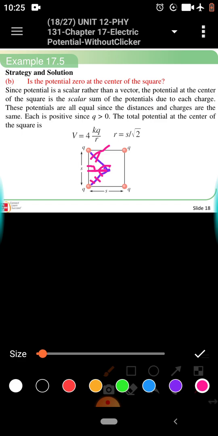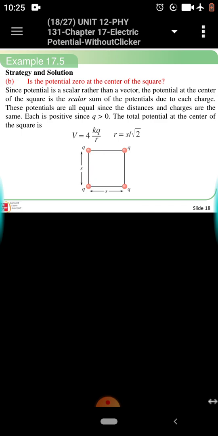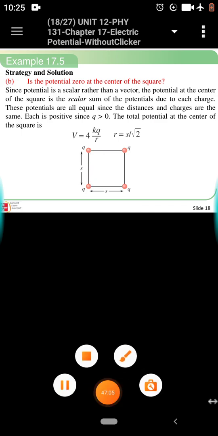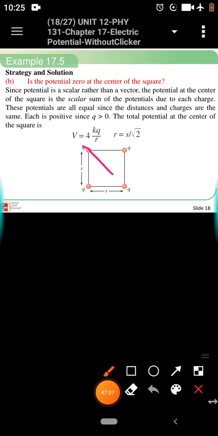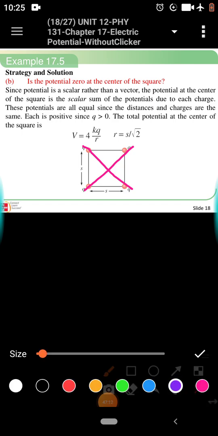Let me explain it this way. If I draw a line here and a line here, you know that this is 90, and I've cut the 90 in half. This means that the half angle is 45 degrees. Agree?